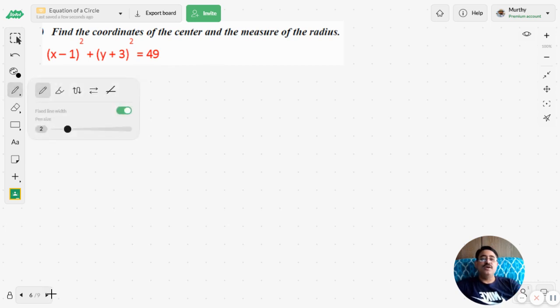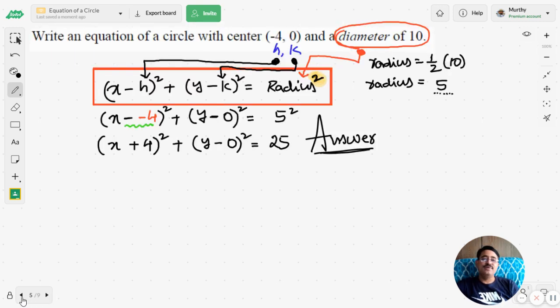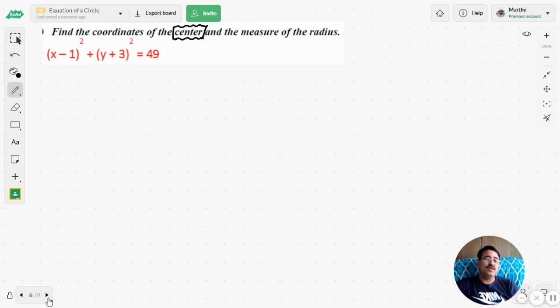Please notice that in the previous two questions, the center is given, either diameter or radius are given, then we found the equation. Now here the equation is given and you have to find back what the radius is and what the center is, these two values.